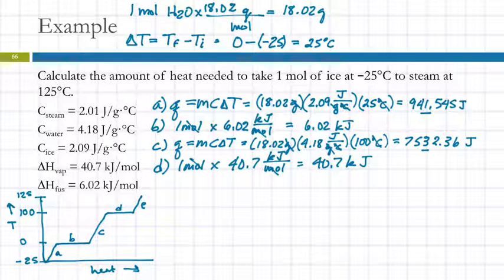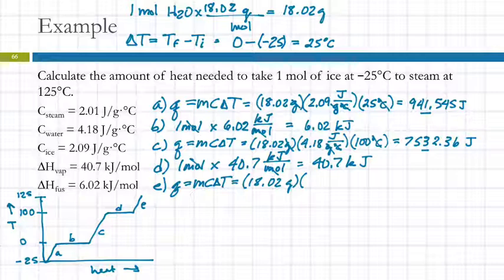Now we've got one more piece. We're taking that steam and heating it up. Q equals mc delta T again. The mass is the same, but the other values are different. 18.02 grams. Now we're going to use the heat capacity for steam, 2.01 joules per gram degrees Celsius.